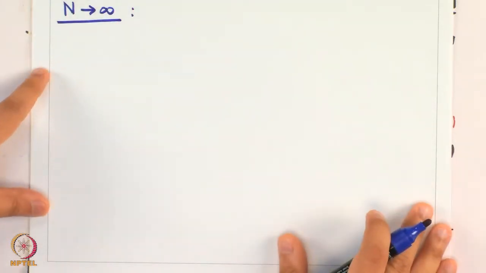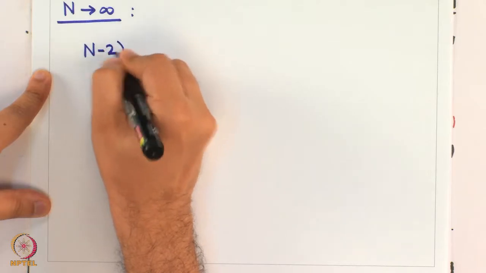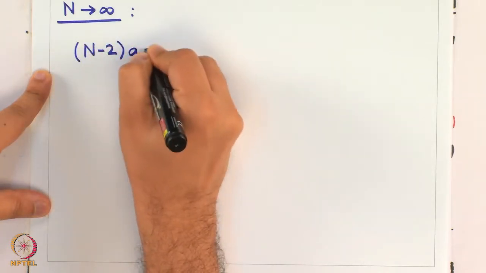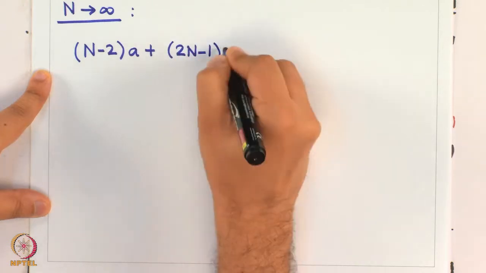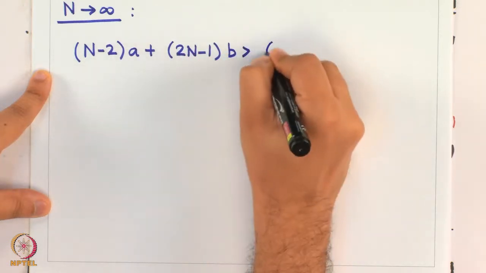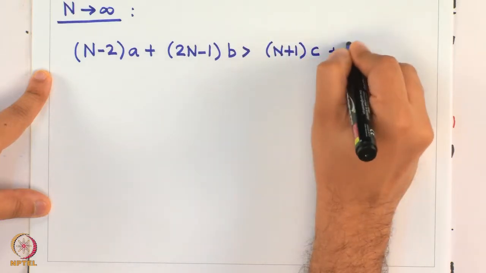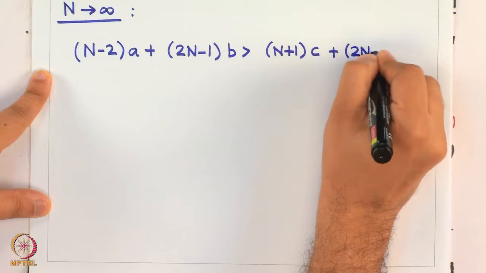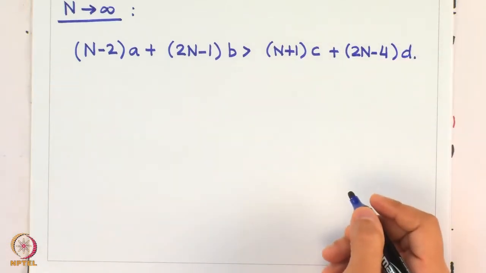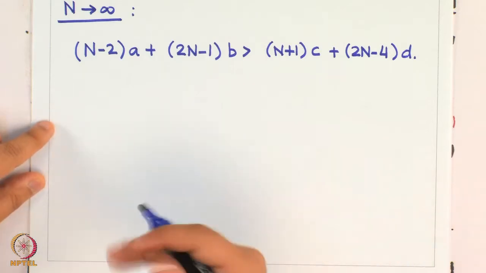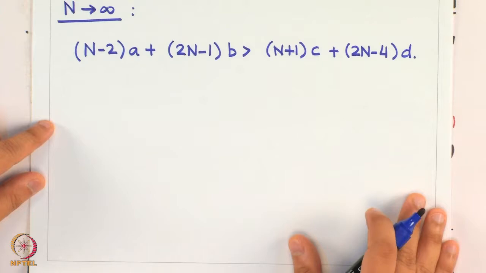In that case, remember we are working with the relationship N minus 2 times A plus 2N minus 1 times B should be greater than N plus 1 times C plus 2N minus 4 times D. And if N is very large, you can think of N as 10 power 8, 10 power 9, a typical bacterial population.